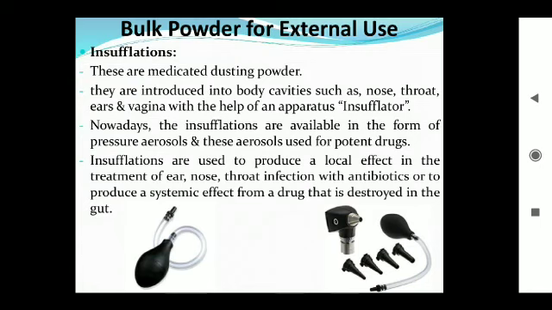These aerosols are used for potent drugs. These aerosols produce a local effect in body cavities like ear, nose, throat infections with antibiotics, or produce a systemic effect from drugs that are destroyed in the gut.